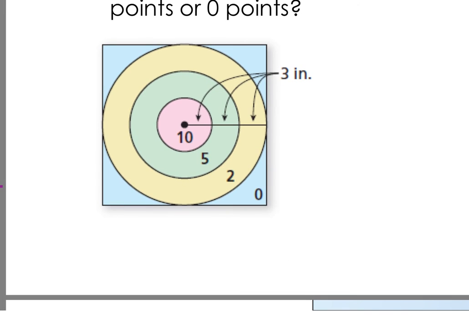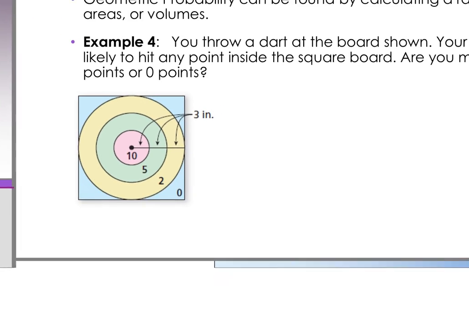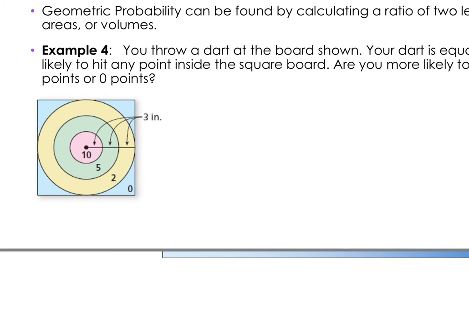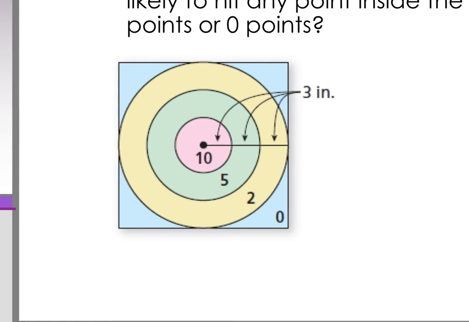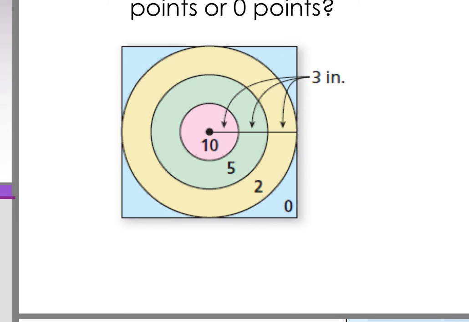So we have to figure out, what is the area of the 10 points space? What kind of shape is the 10 points? It's a circle. So if we're looking at the 10-point area, we need to find the area of this circle. What is the area of this circle? Xavier?